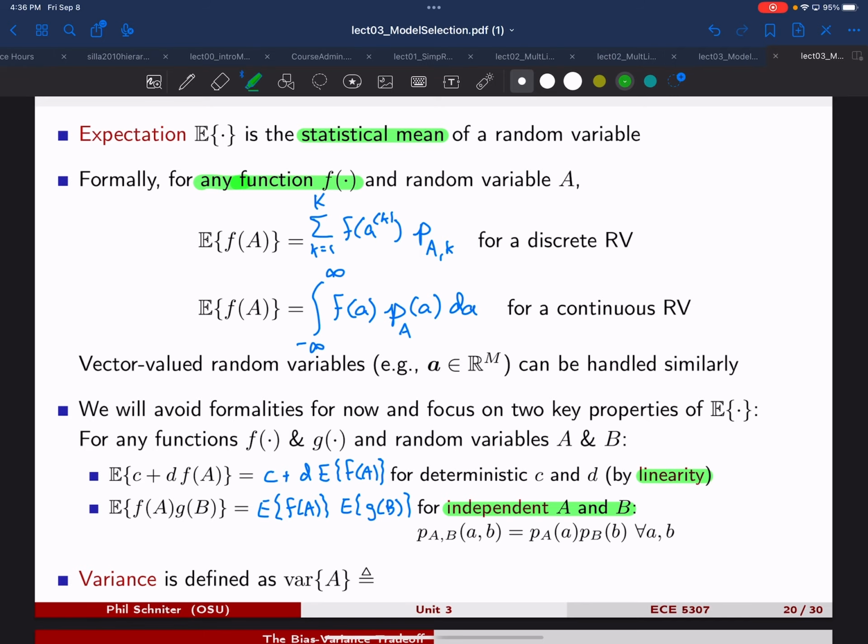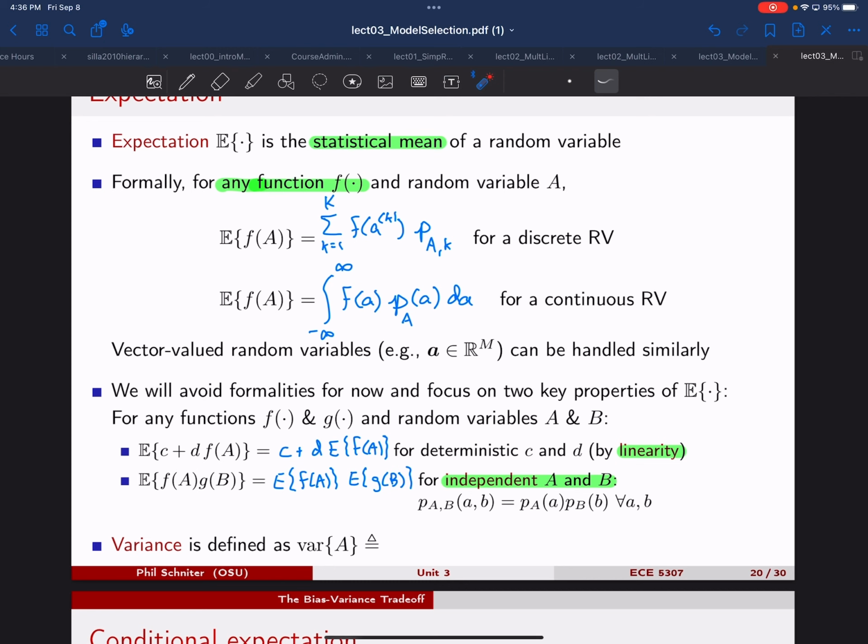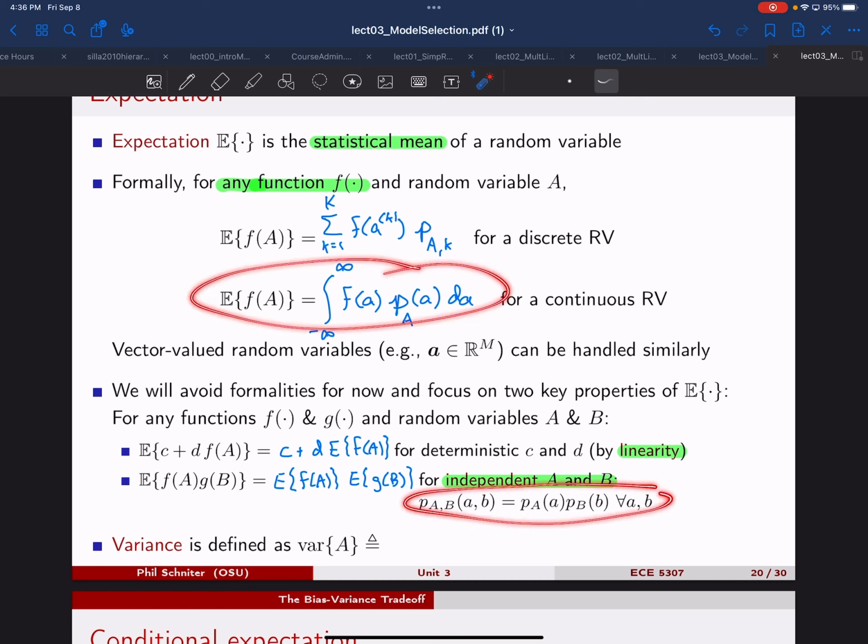What does it mean to be independent? When we talk about two random variables that might be related, we have a joint probability density function. It behaves like a PDF, except there are two numbers instead of one. When those random variables A and B are independent, that means you can factor it into one part that depends only on A and another part that depends only on B. If you want to prove this, essentially you take this and combine it with this, and in a few lines you have the proof.